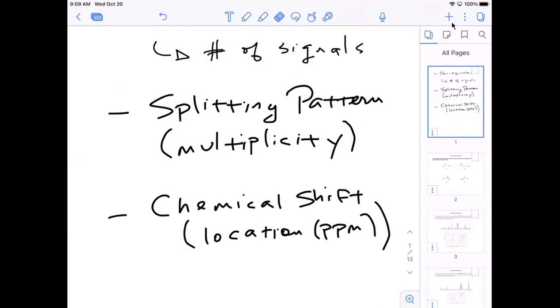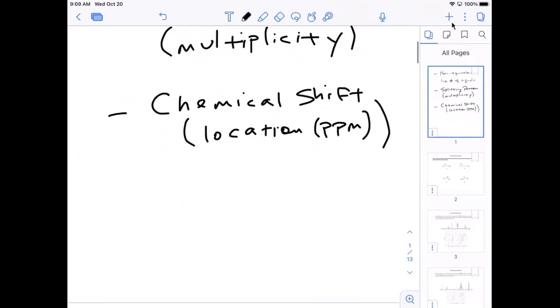And then we talked about integration. And that integration is going to tell us the number of hydrogens each signal represents.